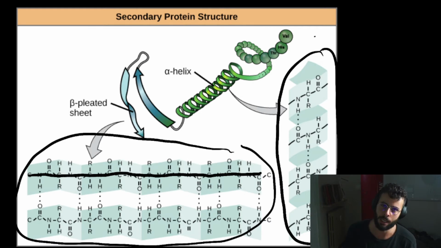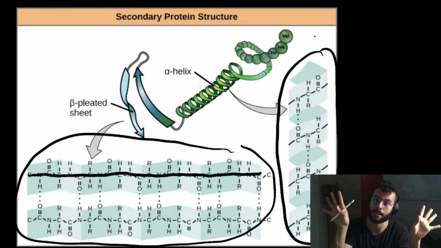Now we know there are around 20 different R groups, and each one contains specific and unique properties such as hydrophilic, hydrophobic, polarity, charge, negative charge, positive charge. These charges and R groups can interact with each other and interact with the watery surrounding as well.